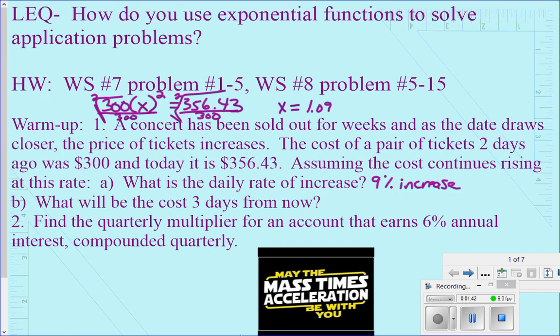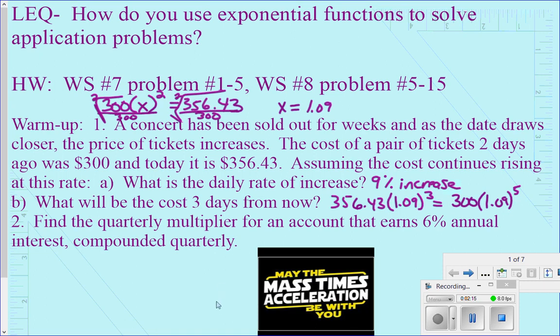Number 2, or letter B, what will be the cost 3 days from now? Okay, so you can either use the now amount, which is the 356.43 times the 1.09 multiplier. And if so, then you're saying 3 days from now, so 3. Or that would be equivalent to doing 300 times 1.09 to the 5th power, because the $300 was 2 days ago.